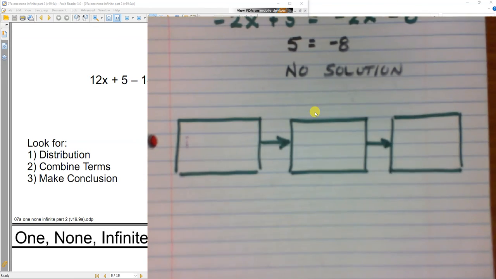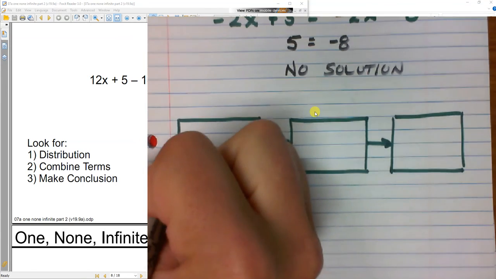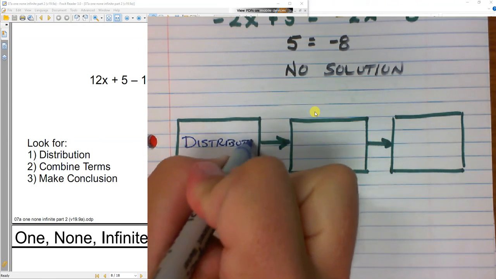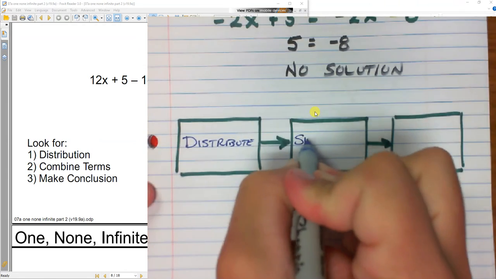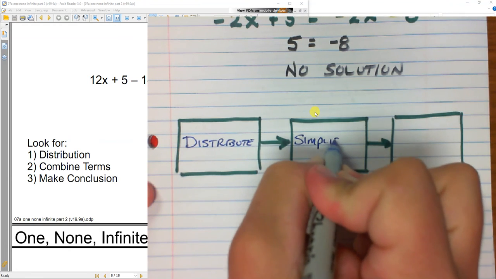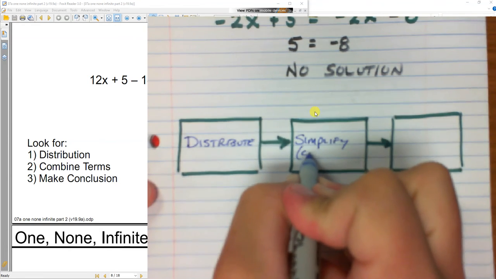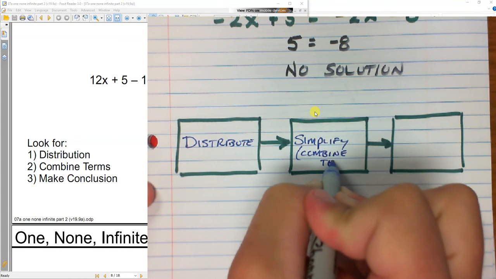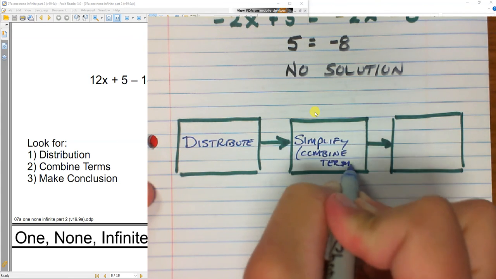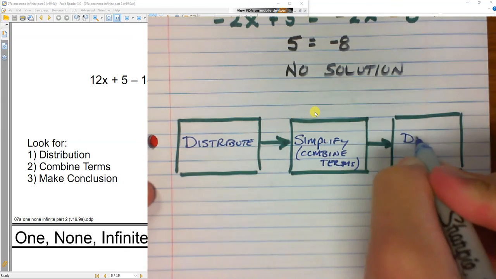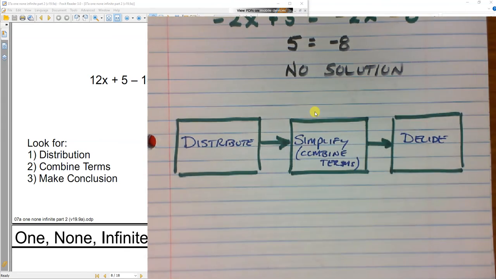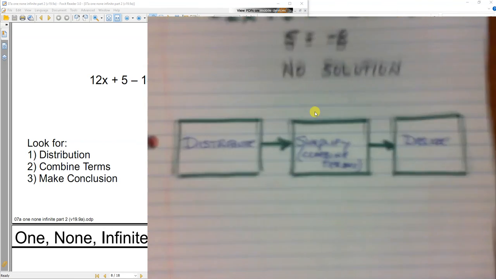The marker will be gone. Distribute. Simplify. Decide. Distribute, simplify, decide what it is.